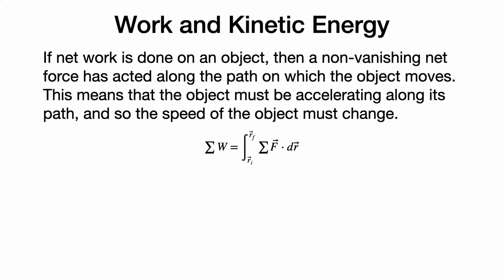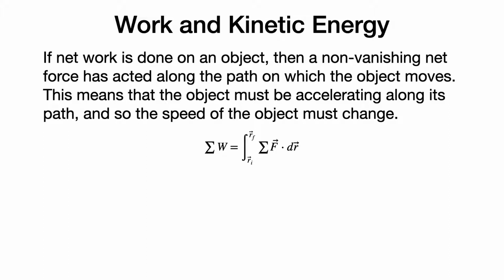Now, if net work is done on an object, then a non-vanishing net force has acted along the path on which the object moves. This means that the object must be accelerating along its path, and so the speed of the object must change.